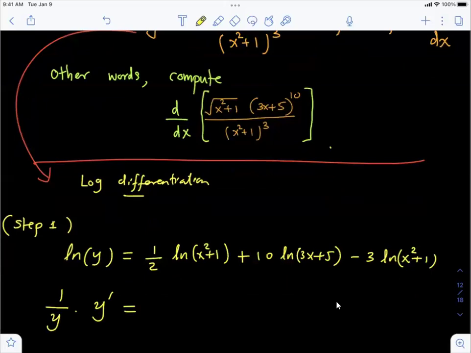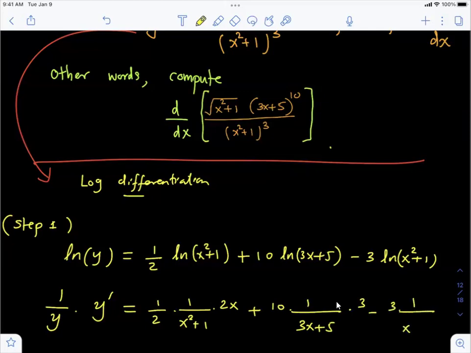So that will be just 1/2 1 over x squared plus 1 times 2x plus 10 times 1 over 3x plus 5 times 3 minus 3 times 1 over x squared plus 1 times 2x as the derivative of the inner function.